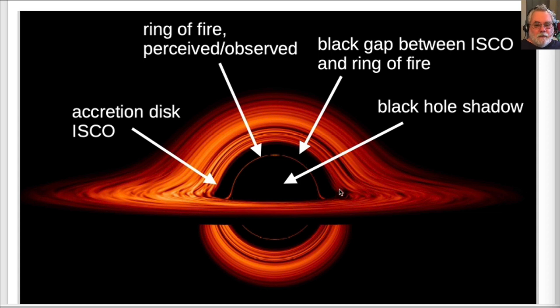This is different than the accretion disk, which looks different looking along the accretion disk rotation axis, face on, versus edge on, which is kind of what we're looking at, or a different angle. We're looking at a slight angle from edge on. Pause the video if you need to think about this.